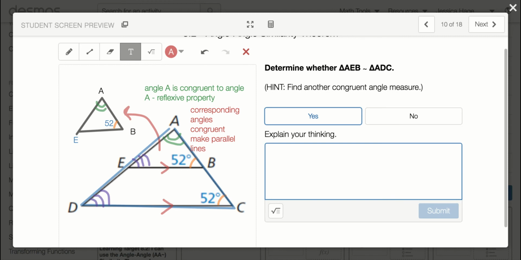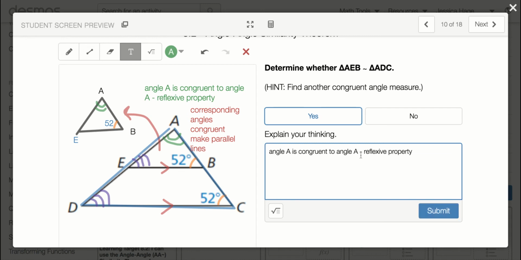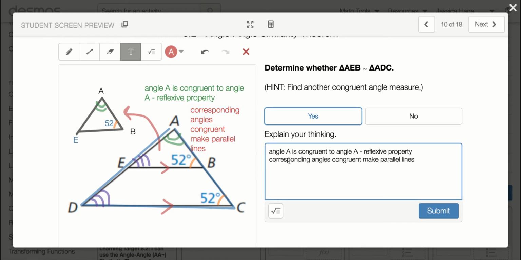So this is going to be a yes. And we're just going to retype everything we had in that box there, and we'll put it in our explain your thinking. And don't forget, we did say in the beginning that angle B and angle C are both 52.